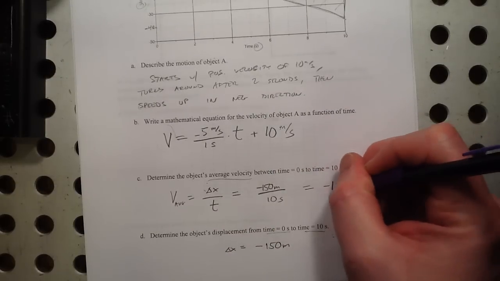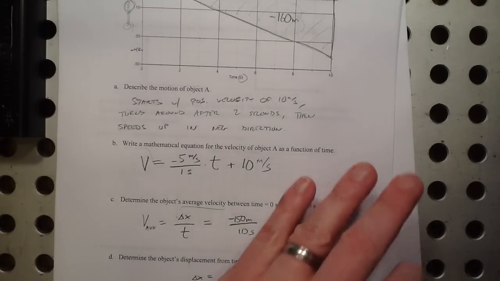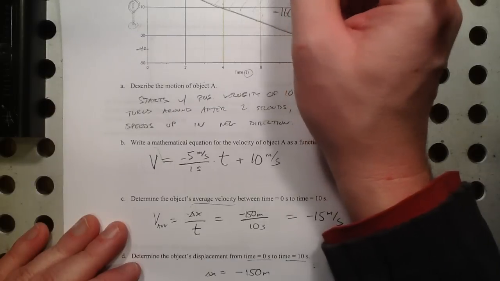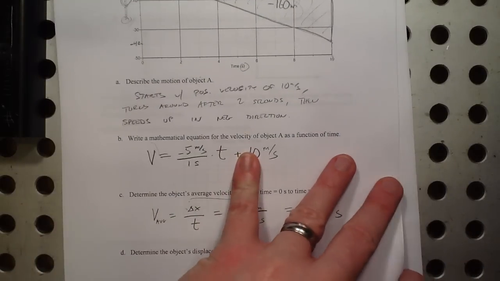That's negative 15 meters per second. All right. That's an important concept that if you've got a velocity versus time graph, these areas give you the displacement. It's an important concept.